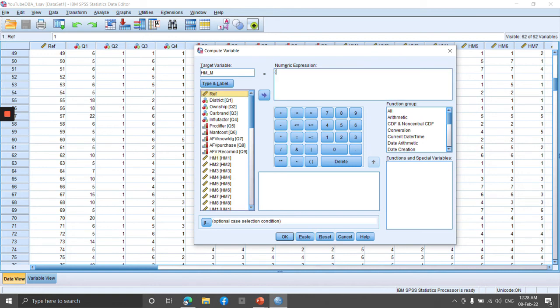The first one is HM1, plus HM2, plus HM3, plus HM4, plus HM5, plus HM6, plus HM7, plus HM8.